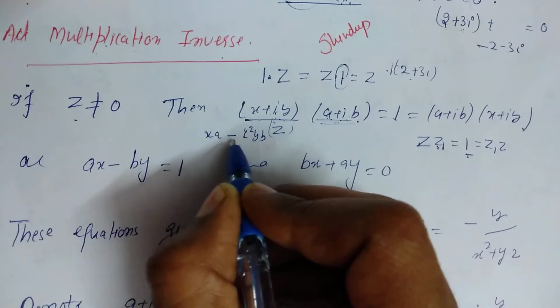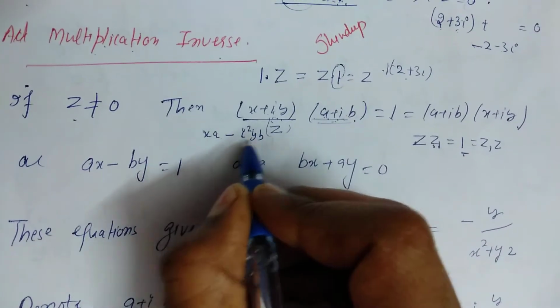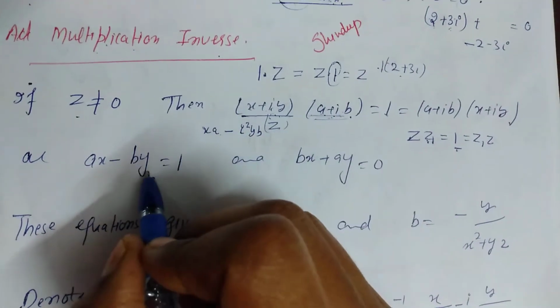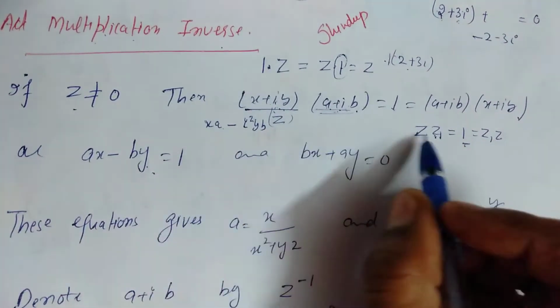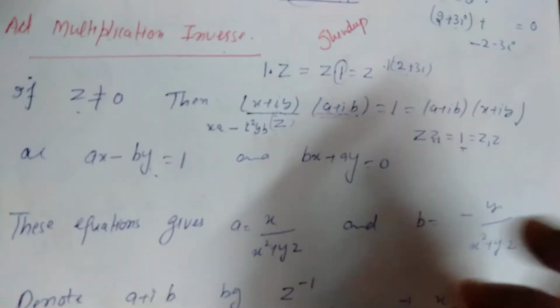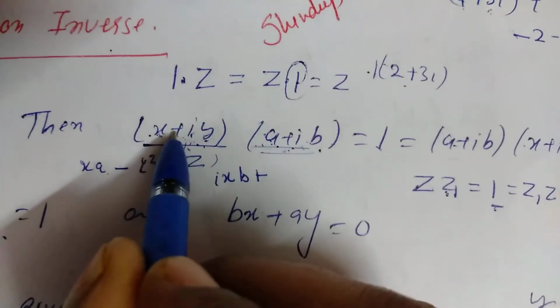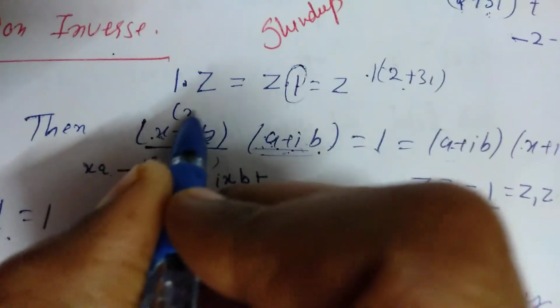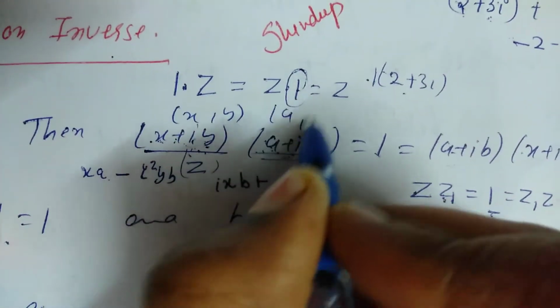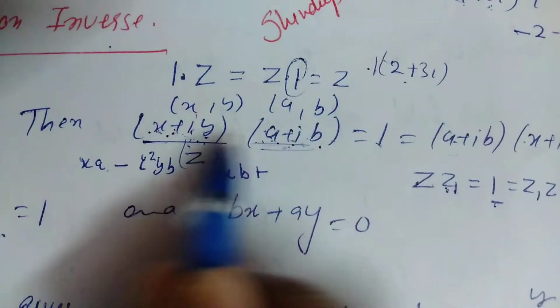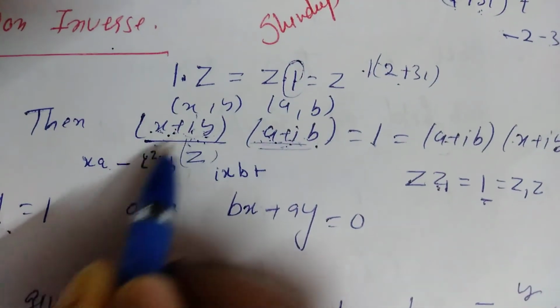And what is iota square? It is again minus 1, so we are getting ax minus by. So remember here, before applying this rule, we must write these numbers in the form of x comma y and a comma b. And if we are using direct multiplication, then we will not use the rule.